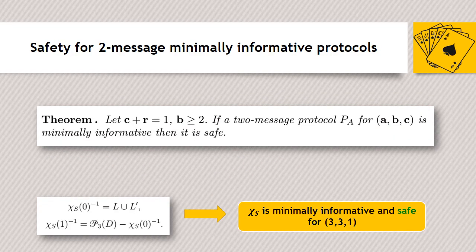Additionally, we proved that for problem instances where C plus R is equal to 1 and B is at least 2, any two-message minimal informative protocol is also safe. This directly implies that the construction we previously presented yields not only a minimal informative protocol for the Russian cards problem, but additionally a safe one.